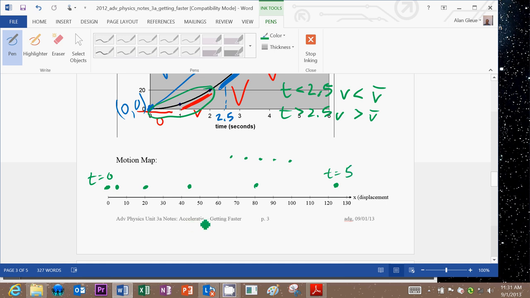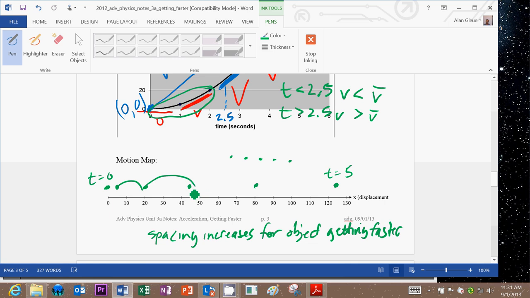Now look at the spacing. The spacing increases for an object that's getting faster. Isn't that pretty interesting? And isn't that kind of the case? You're traveling further and further every successive time interval, right?